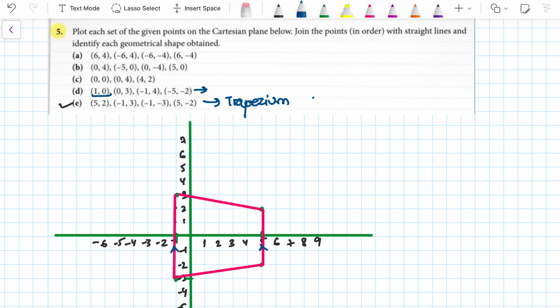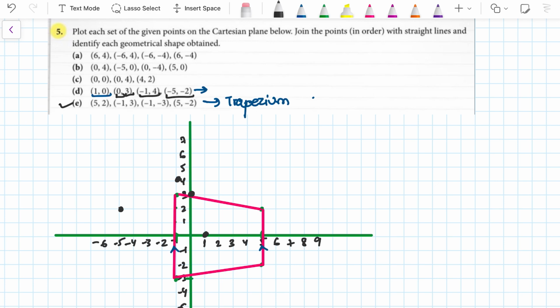Alright. Now let's do one more, which is 1 comma 0. I'm doing the plotting on the same diagram. 1 comma 0. 1 on the x-axis, nothing up and down. No left right, just up movement of 3. Then we have minus 1 comma 4. Then we have minus 5 comma 2.